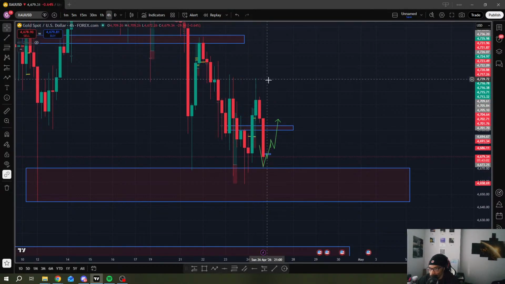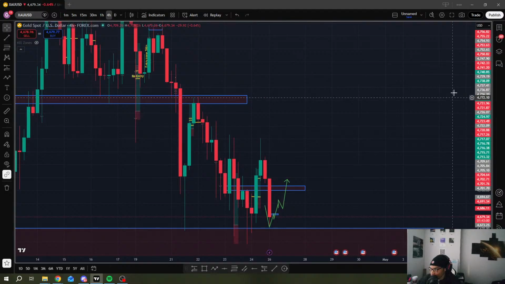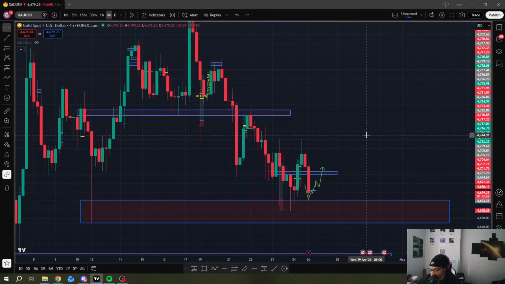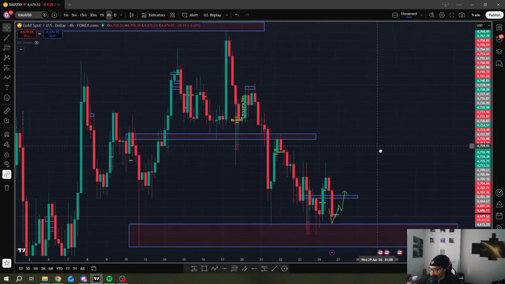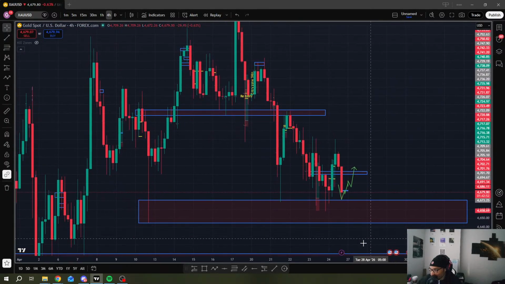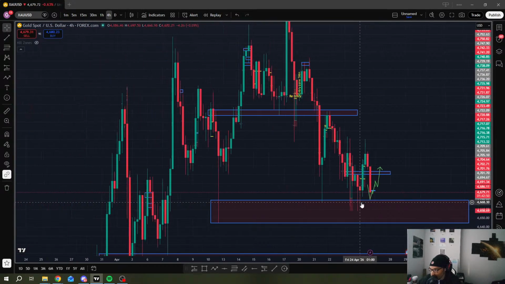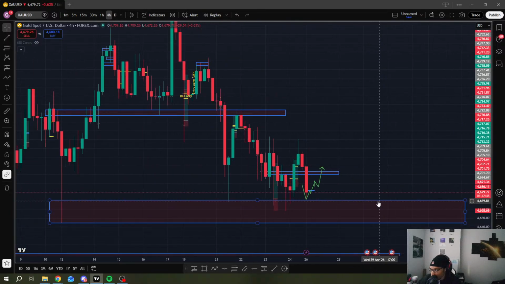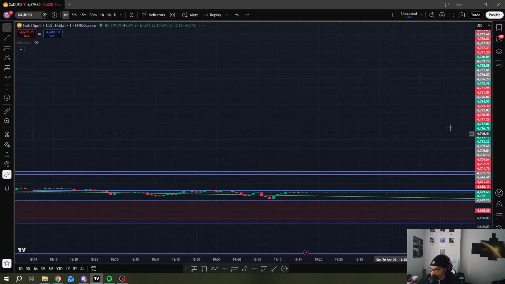We have to look at this fib structure one more time. I think this is going to be a very nice, very healthy trade. Again, we got to fill this gap, right?